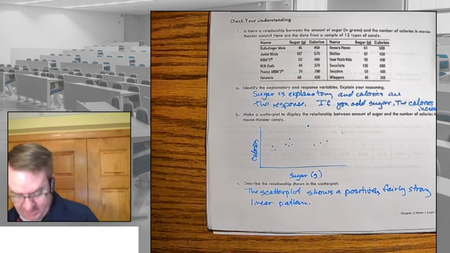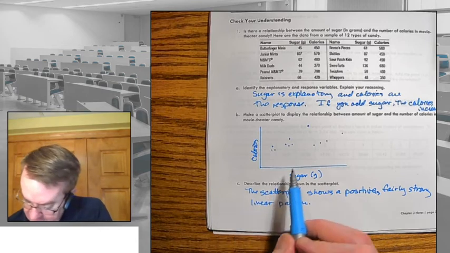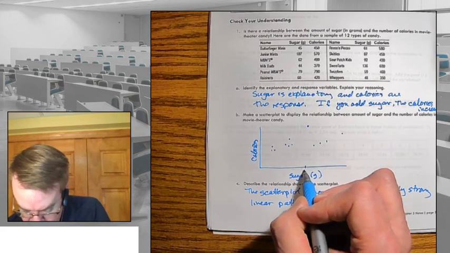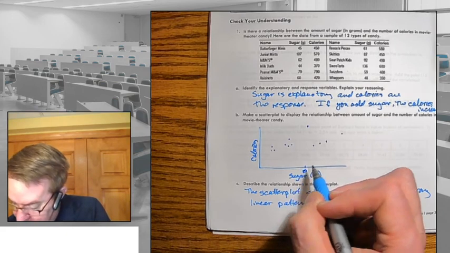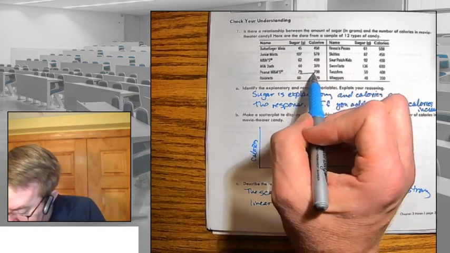Where's your possible outlier? The only one that's really standing out would be this one out over here. And that turns out to be, if you look at it, this is about 80. And so that actually turns out to be your peanut M&Ms, which is right here.